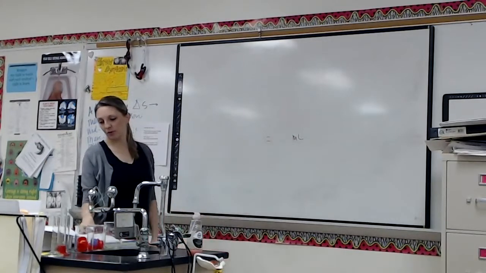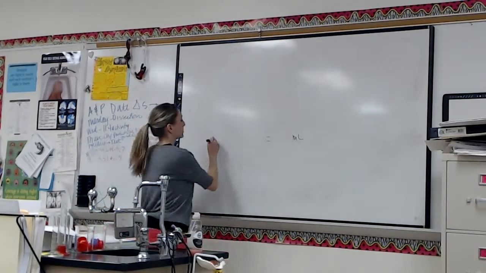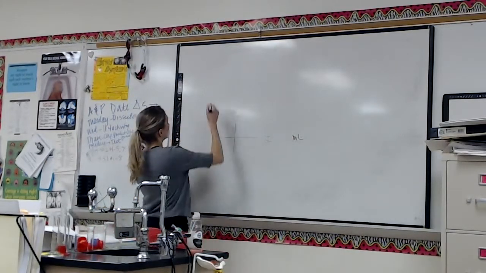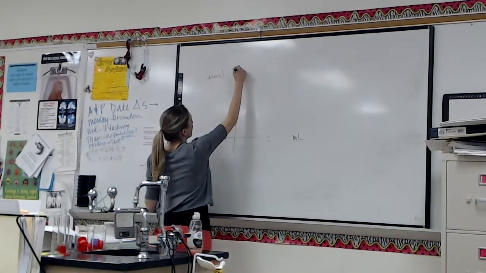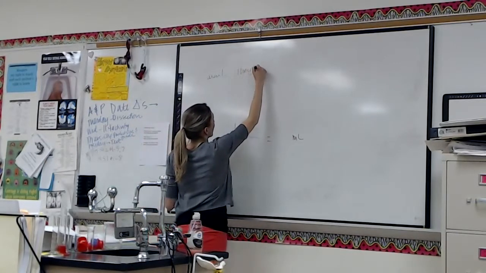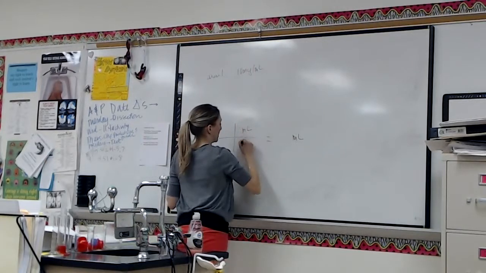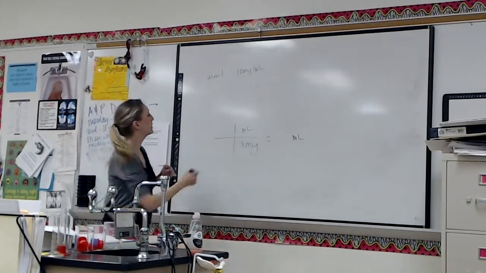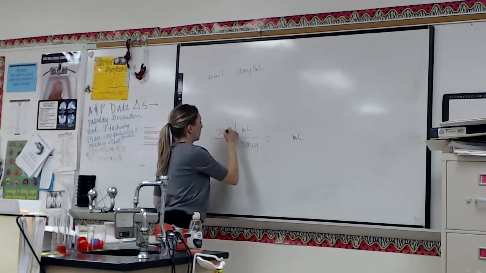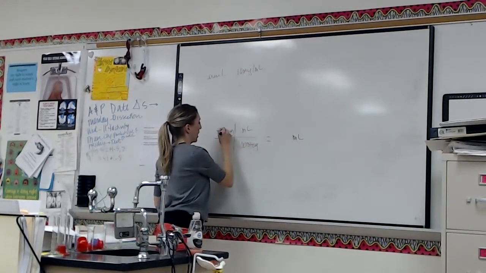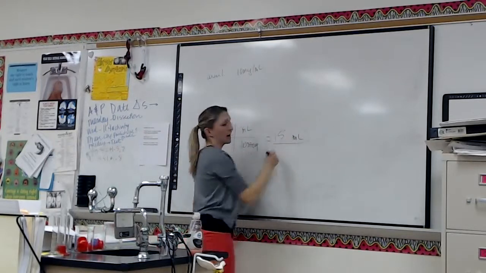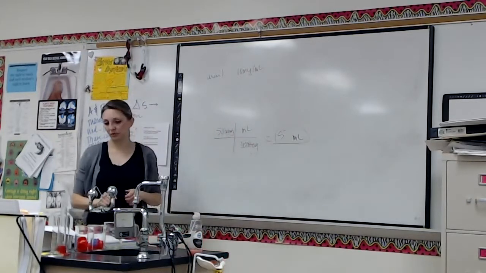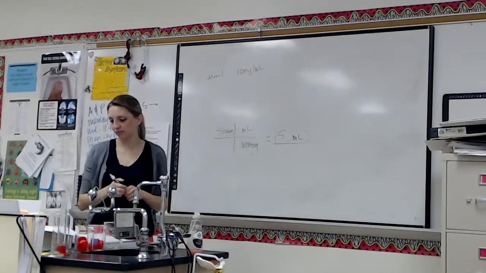On every milliliter, we have 10 micrograms, and he wants 50 of them. So you're gonna have 5 milliliters. So 5 milliliters is how much we're adding.